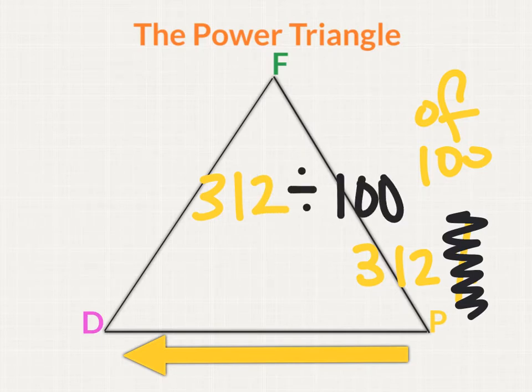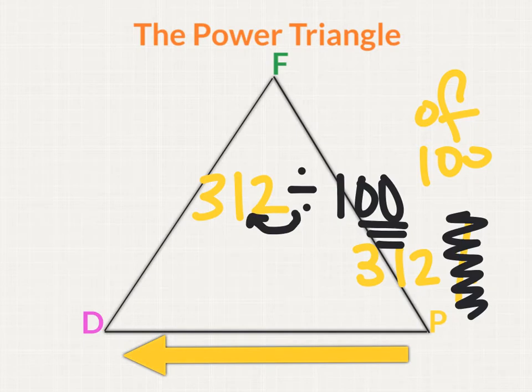We also know we're going to use what we know about powers of 10 to make our work a little easier. We're simply going to place the decimal at the end of our whole number, and dividing means move left, and we're going to move the decimal left 2 times, 1 for each 0 in the number 100.